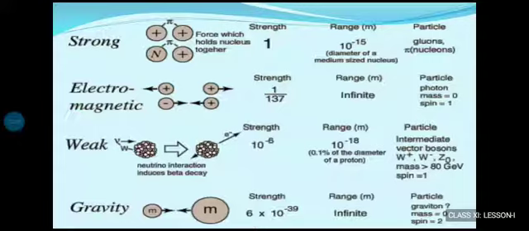For example, the elastic spring force arises due to the net attraction or repulsion between the neighboring atoms of the spring when the spring is elongated or compressed. This net attraction or repulsion can be traced to the unbalanced sum of electric forces between the charged constituents of the atoms.